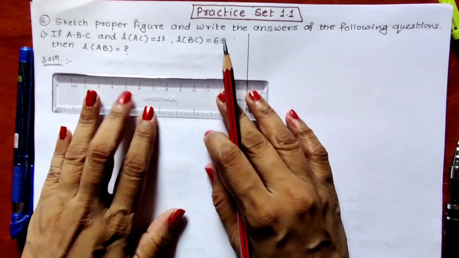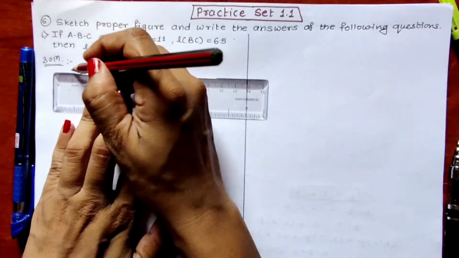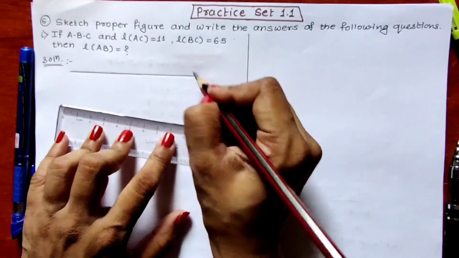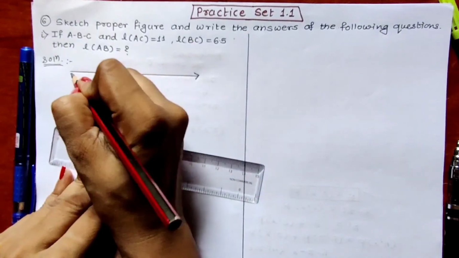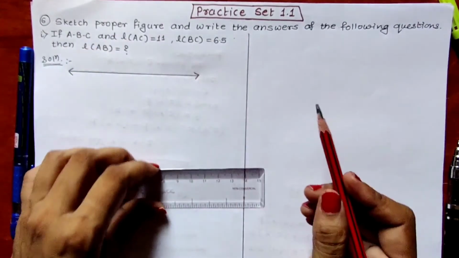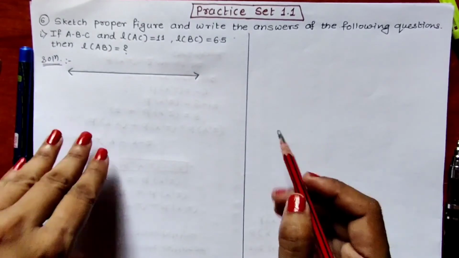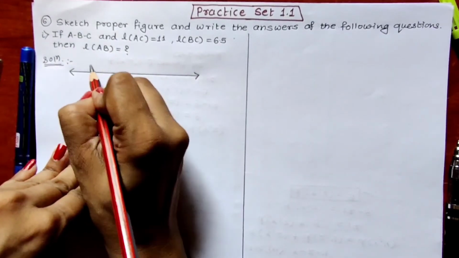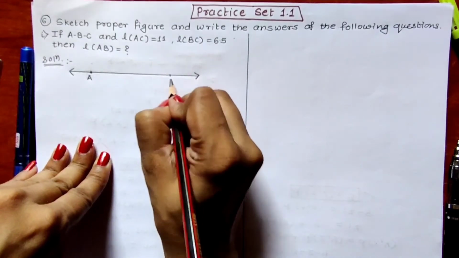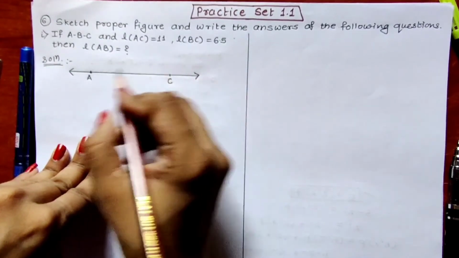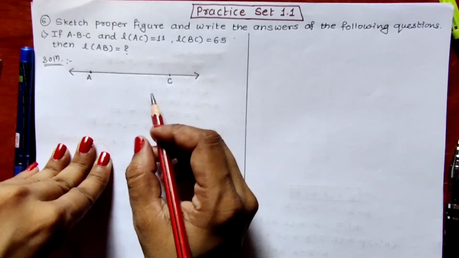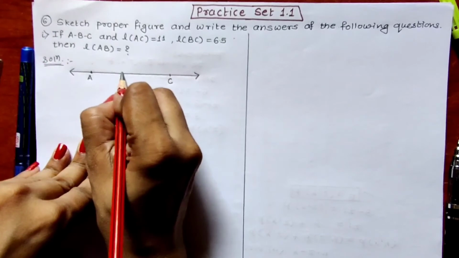That means first we will draw a line, in place of drawing a segment. Okay, in this way we can draw a line, and A dash B dash C means B is in between A and C. So you can draw point A somewhere here, plot point C somewhere here, and in between A and C there is point B, so I can write point B here.